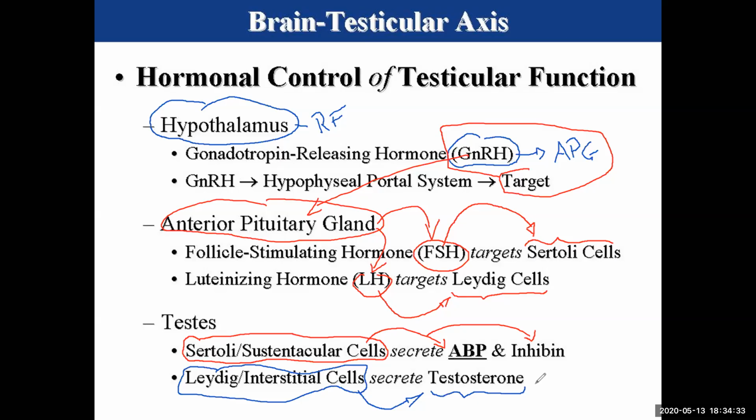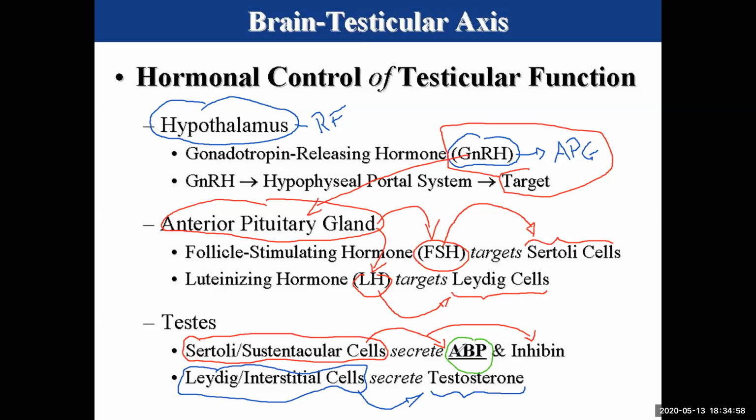Now, this testosterone drives sperm production, right? So in the testis, which I will talk about next, ABP. ABP stands for androgen binding protein.